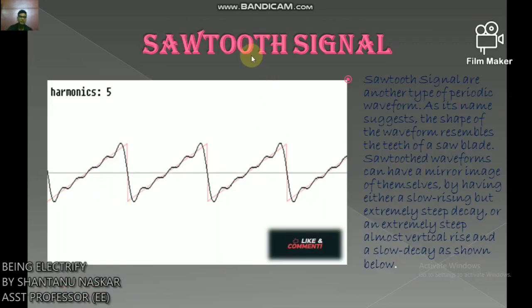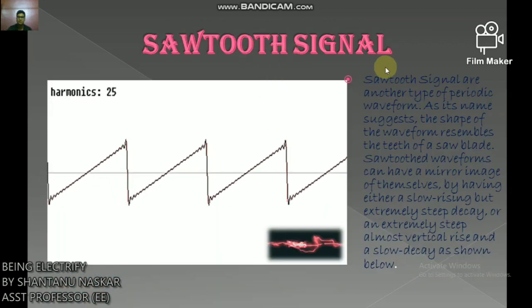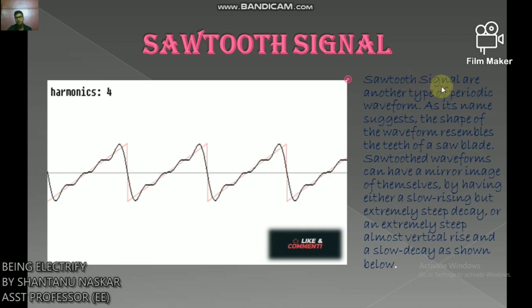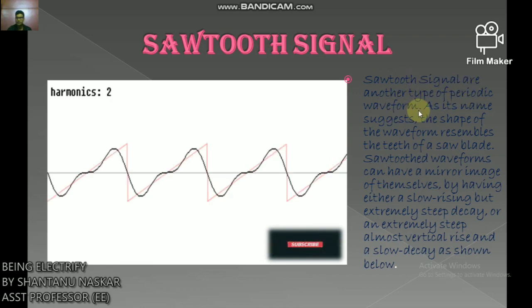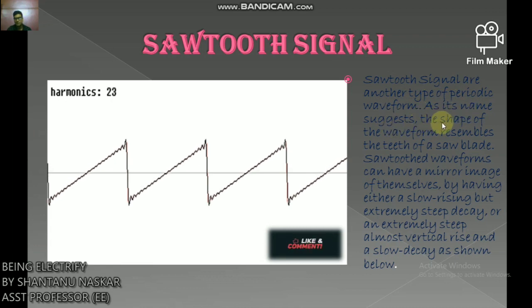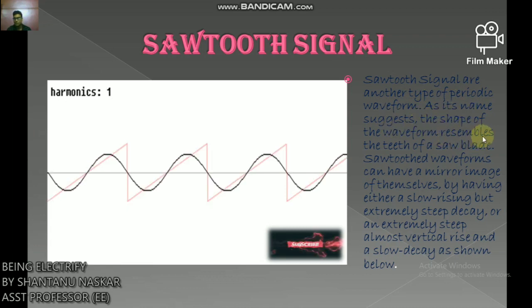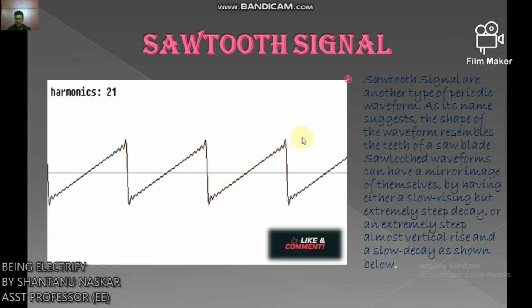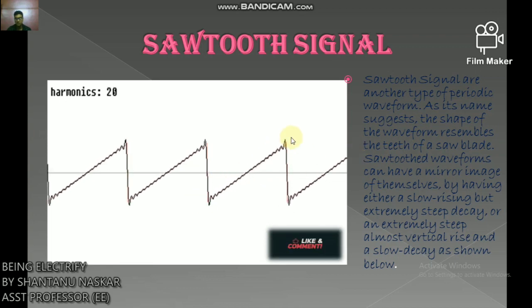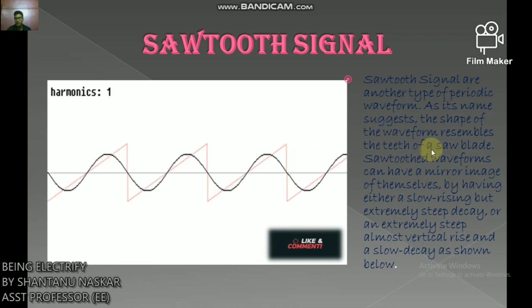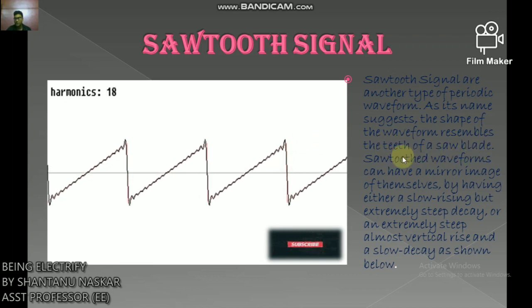Now comes the sawtooth signal. Sawtooth signals are another type of periodic waveform. As its name suggests, the shape of the waveform resembles the teeth of a saw blade.